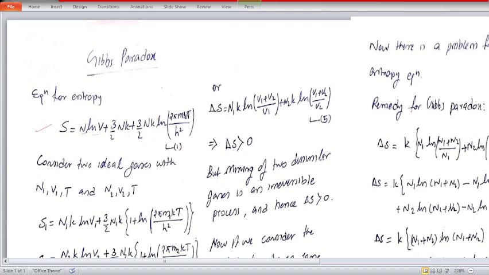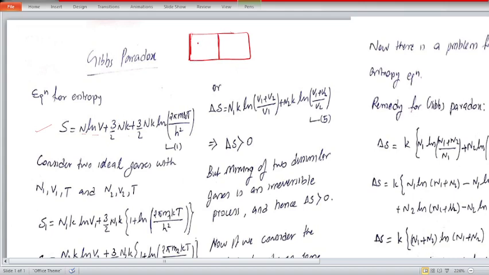Now, from this entropy equation, let us consider two ideal gases separated by a wall. This is an impermeable wall, so the number of particles will be fixed on each side.